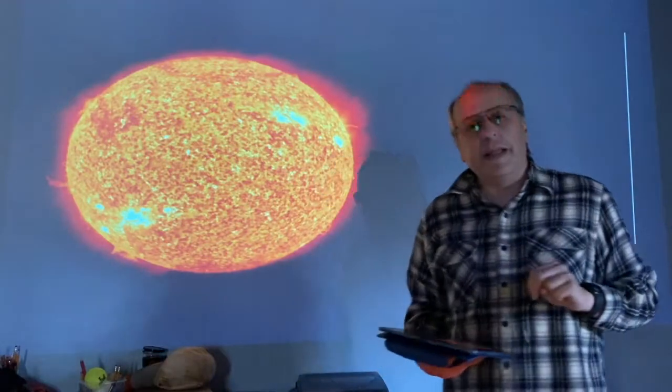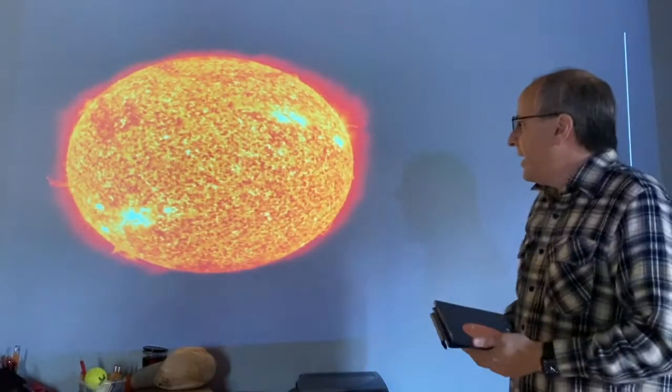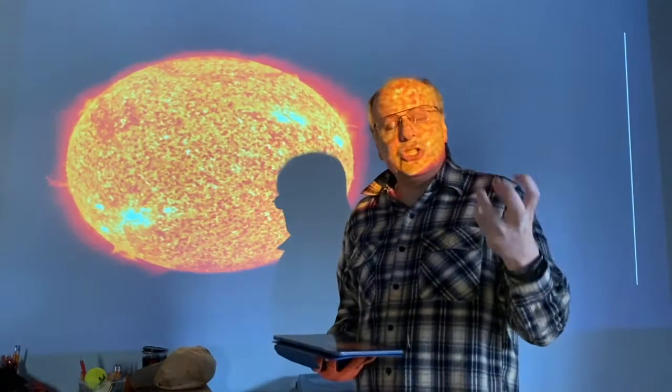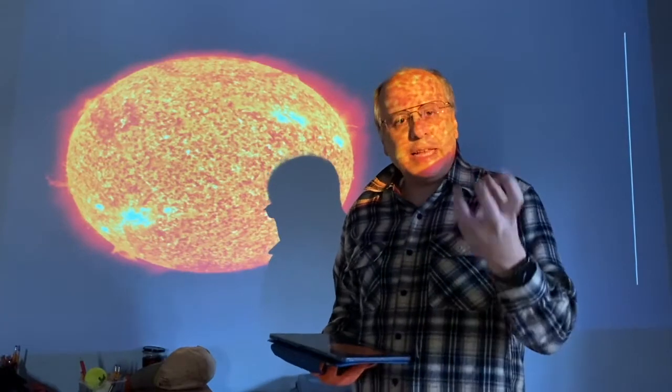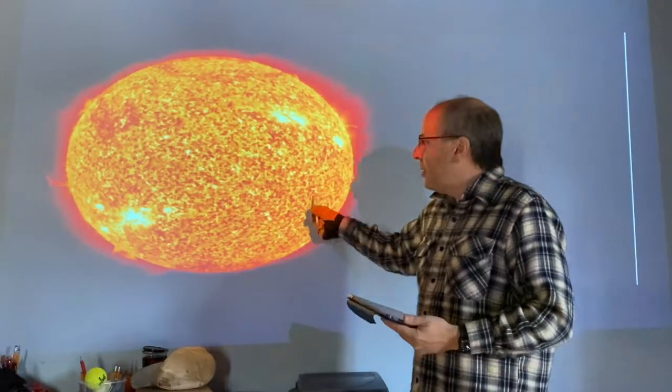Now, there are 2 places where this does happen, and one of them is the ultimate source of all of our energy here on Earth, and that is the sun. The sun is a giant ball of energy, gases, and it's producing tons and tons of energy all the time, and it is doing so through nuclear fusion.